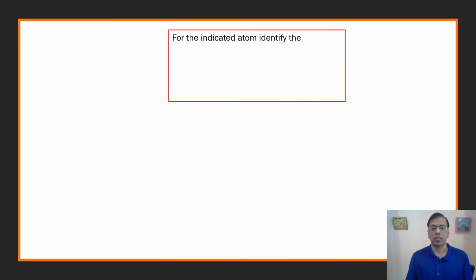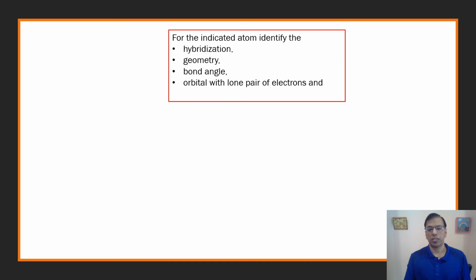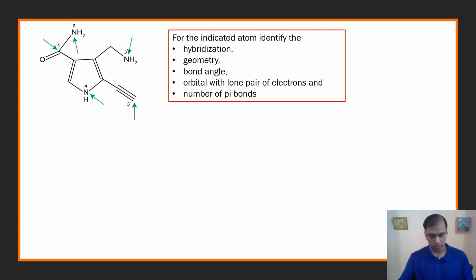So let's cover some examples and learn how to identify the hybridization, the geometry, the bond angle, the number of lone pair of electrons and in which orbital they are, and the number of pi bonds. So let's start with atom number 1.